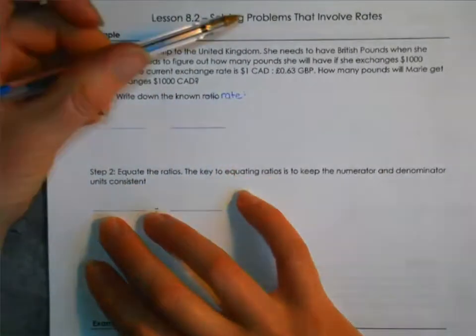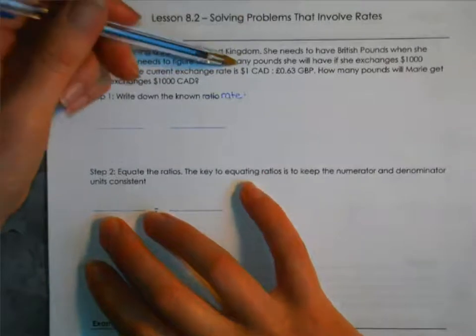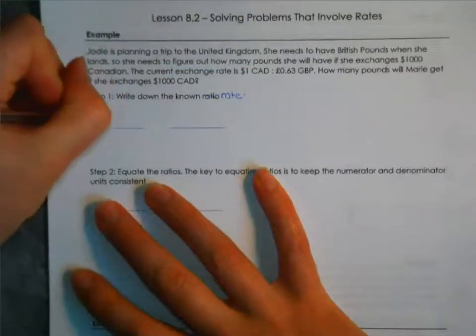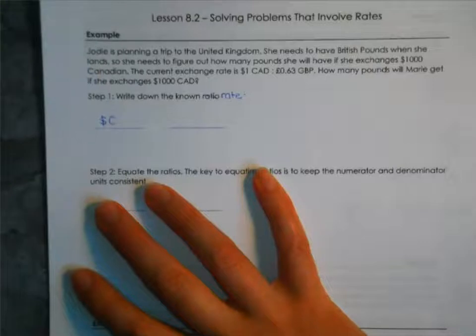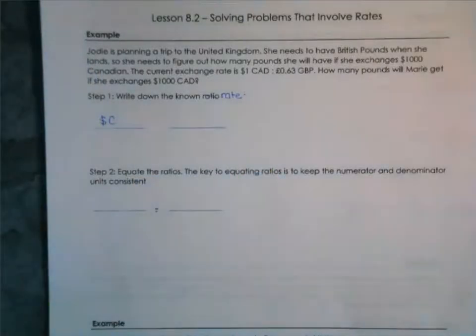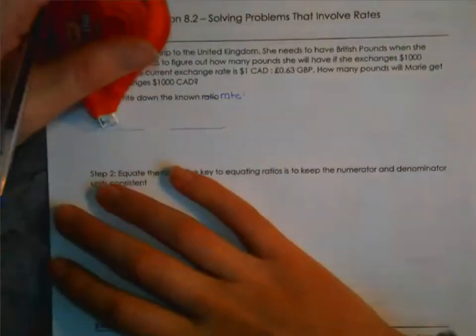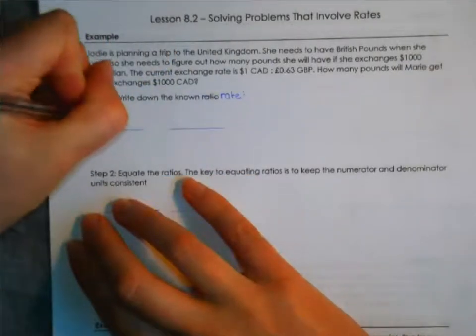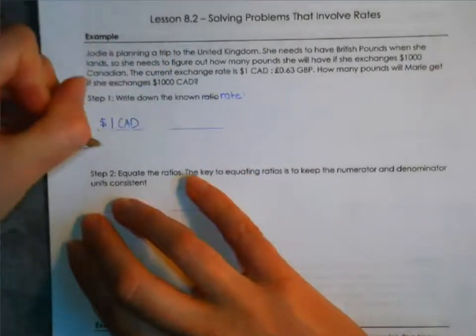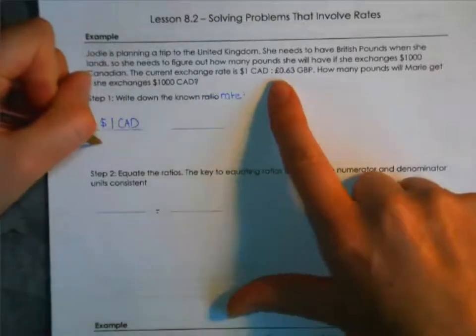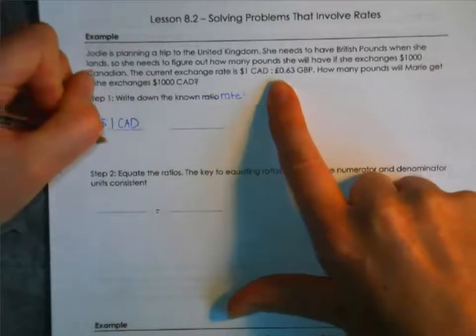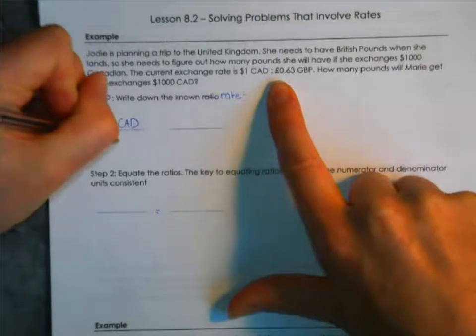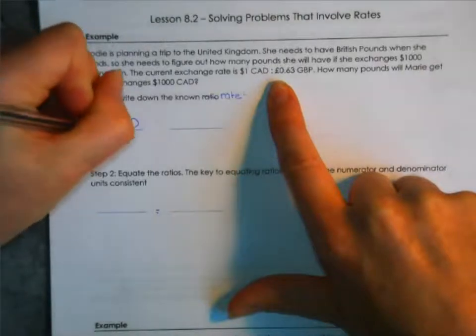So our known rate right now is that for every $1 Canadian, you're going to get 0.63 Great Britain pounds.